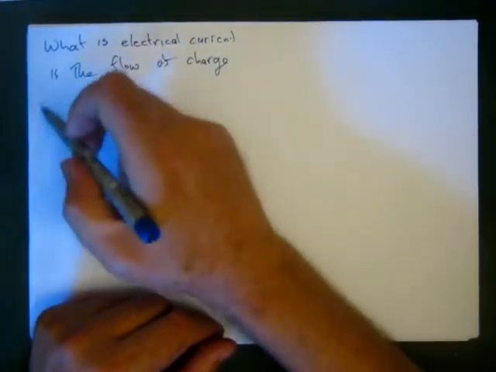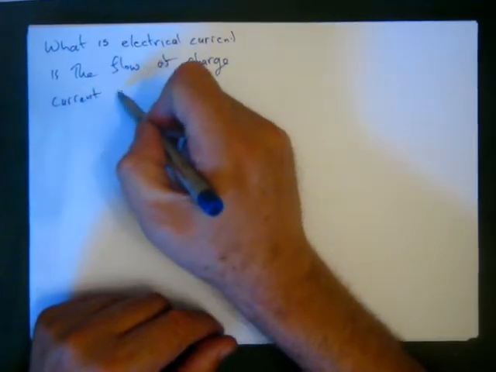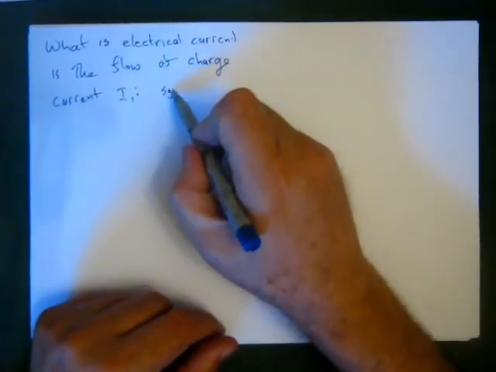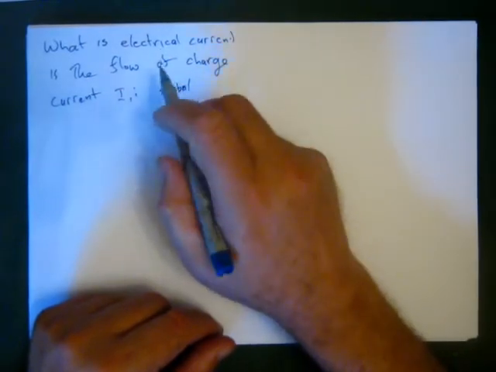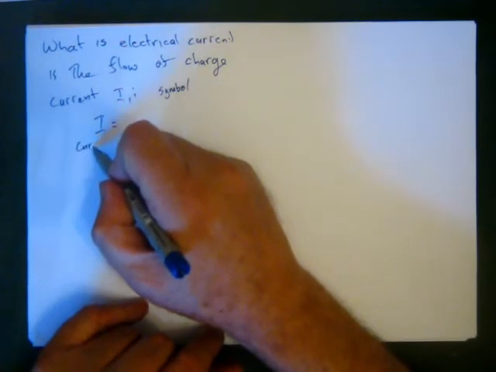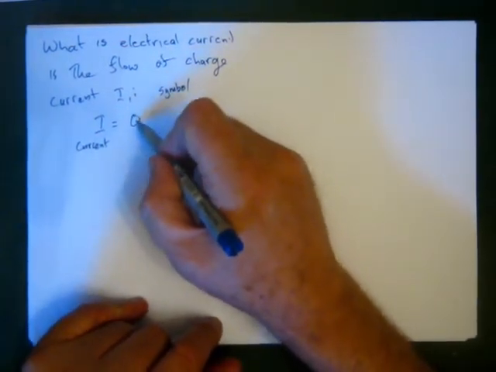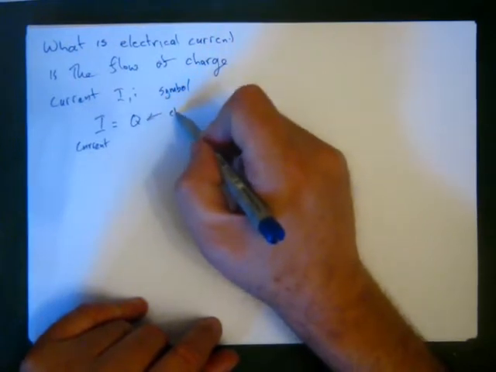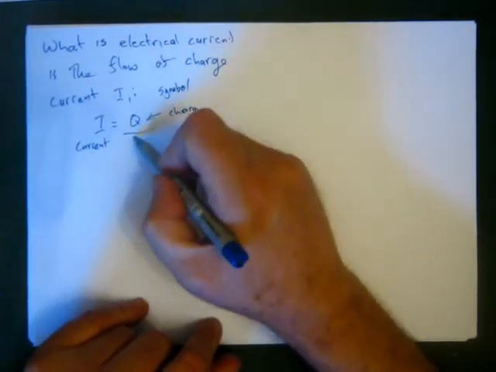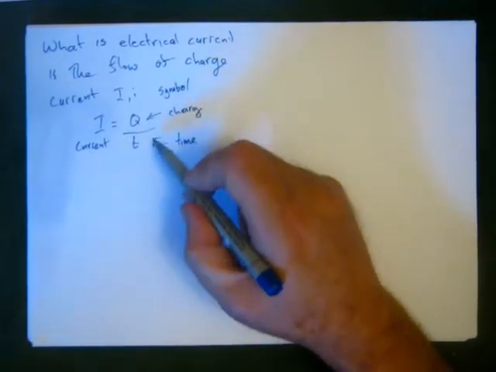And so current has the symbol I, that's the symbol. And I, current, is equal to the amount of charge, Q, the charge, over the time. So basically how much charge goes past the point.